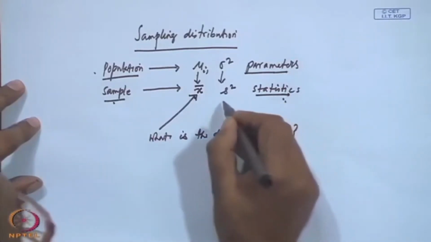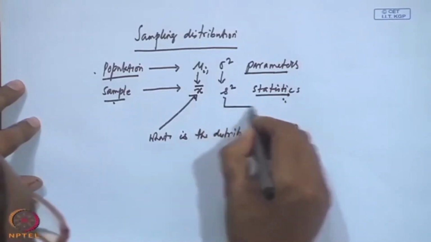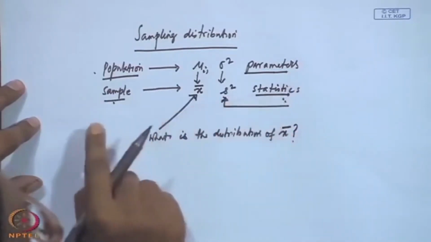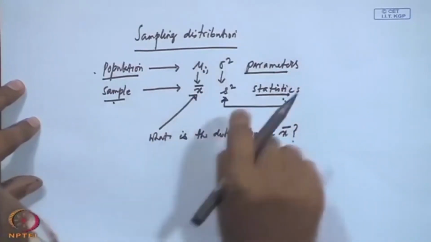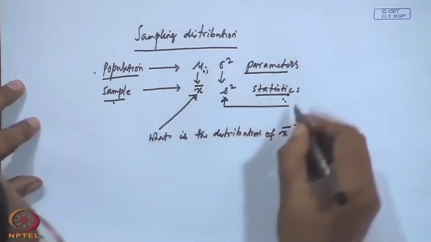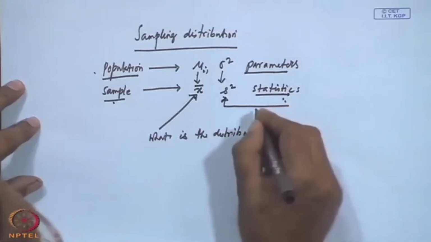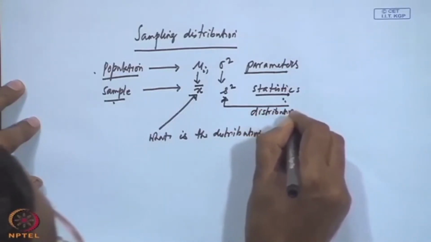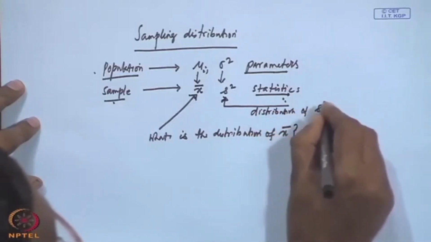Similarly, S square is the sample variance for the variable x and it is an estimate of sigma square, a population parameter. You may be interested to know the distribution of S square.